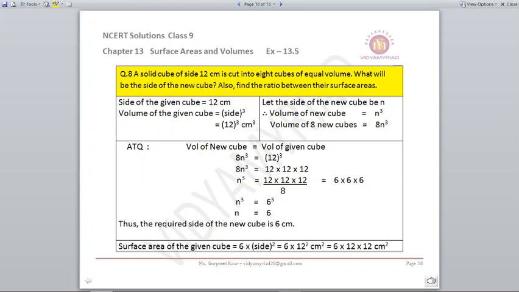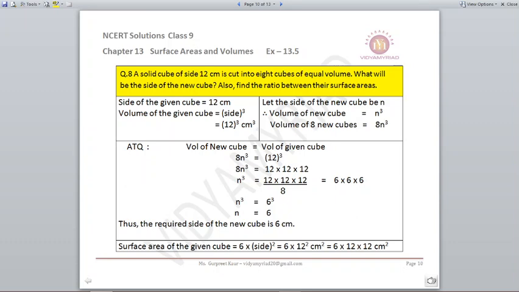So the volume of the new cubes is equal to the volume of the given cube, that is 8n cube is equal to 12 cube. Your n cube comes out to be 6 into 6 into 6, which is n cube is equal to 6 cube, and hence we can say the required side of the new cube is 6.